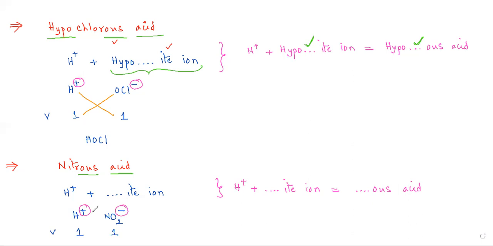Come on. See, the formula of nitrous acid can simply be written as H1NO2 1. So the formula of nitrous acid is HNO2. This is how you can make it very simple, right? Let me give you some more.